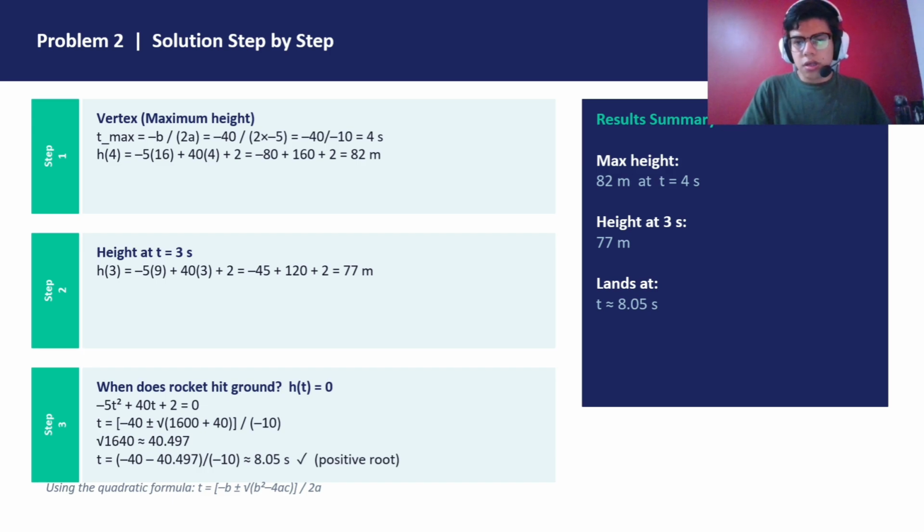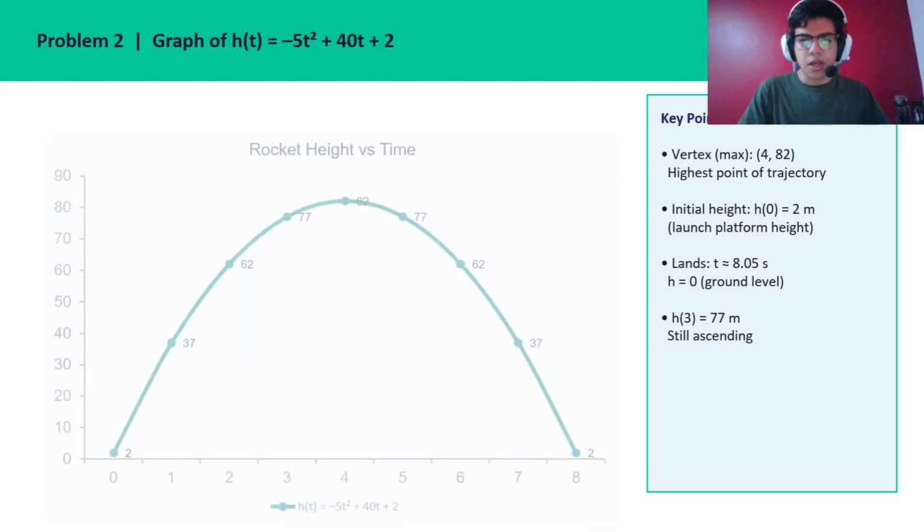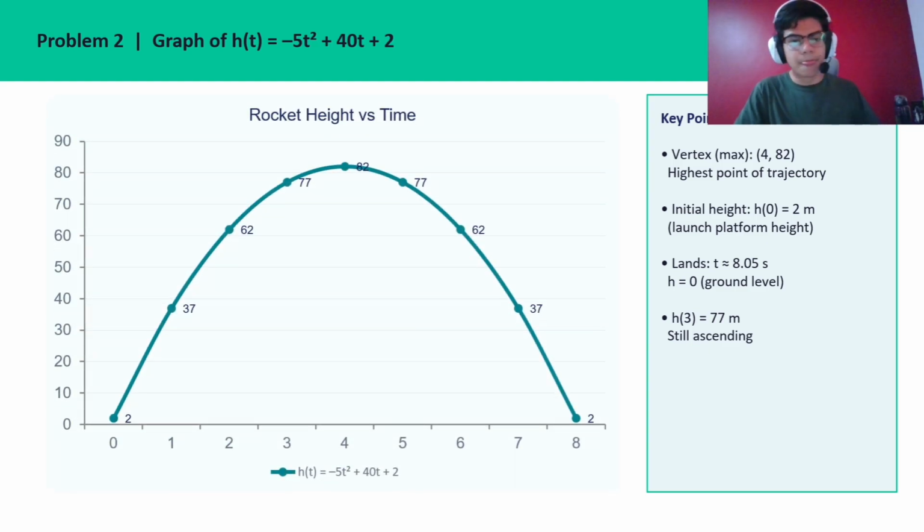So here are the results, the summary. You can see that all of these things are correct, so we can confirm. Here's the graphic. Yes, it is positive, but at some point the graph goes down.